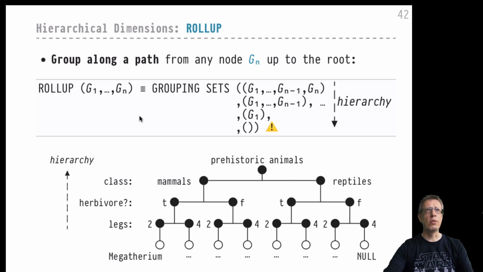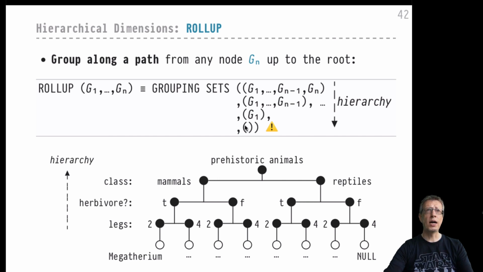Then we look at G1, and G1 would be the first criterion that we use to have a somewhat finer granularity partitioning of the facts that we stored in our table.